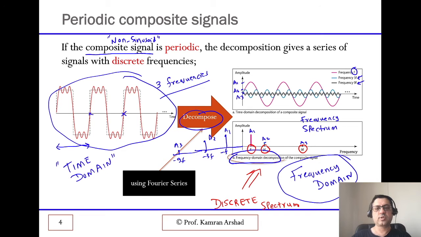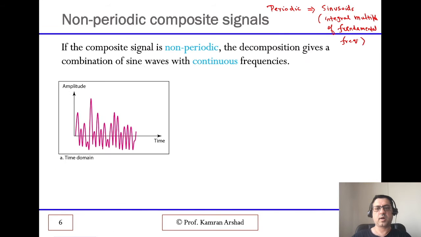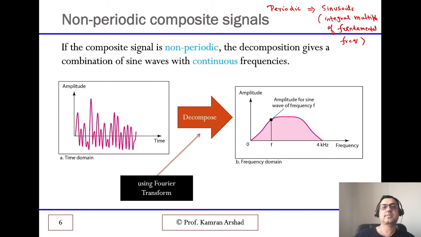This is only for periodic signals. In simple words, periodic signals always have a discrete spectrum. So if I show you a discrete spectrum and ask what kind of signal it is, it means it is a periodic signal in the time domain.